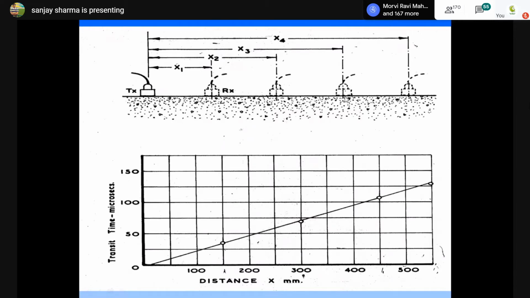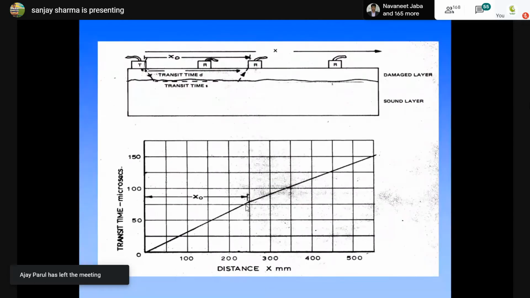You plot the distance against the travel time, and wherever the change occurs you will see it in this curve. That gives you the distance at which the depth is changing, where the quality of the concrete is changing. It may be M20, it may be M30 grade of concrete at the bottom. So you can find out at what depth that particular change occurs.